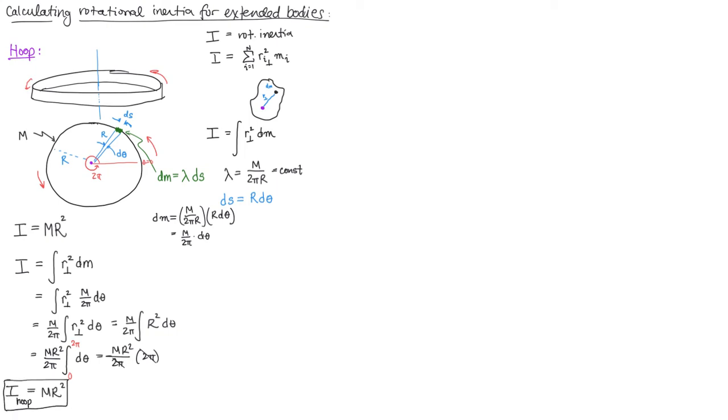Okay, so that's fine. What about another object? How about a solid disk, like a merry-go-round? Well, in that case, our object looks something like this.